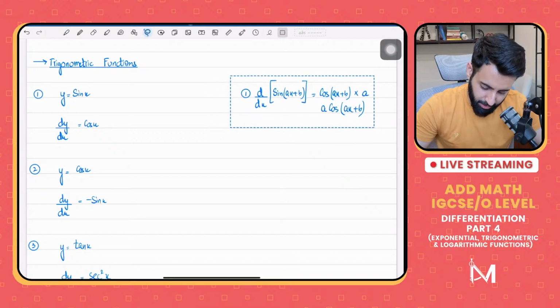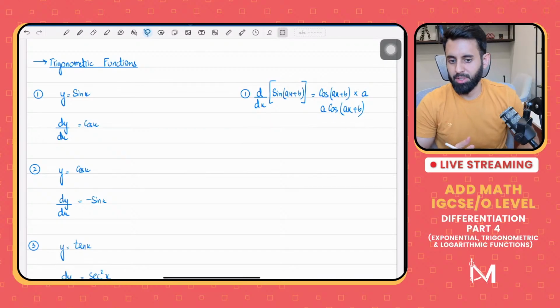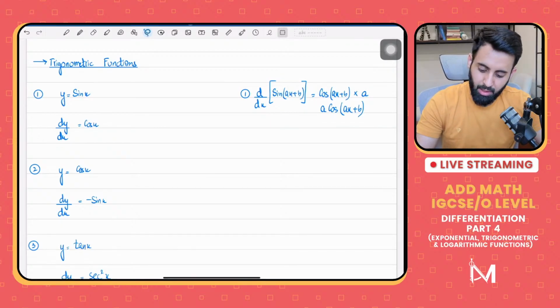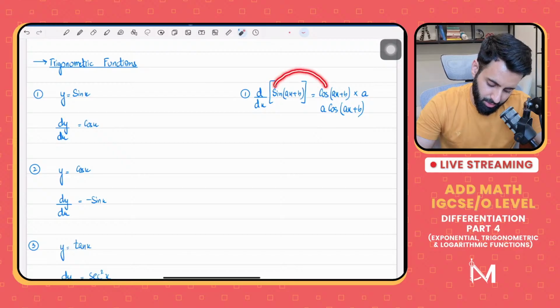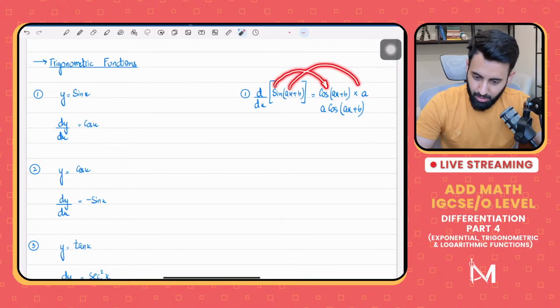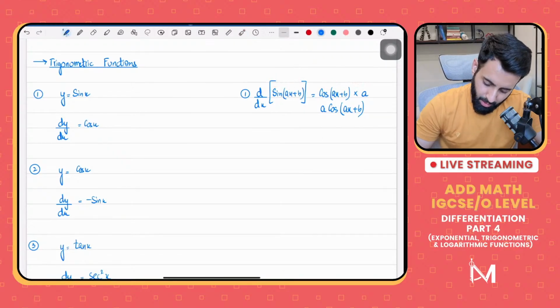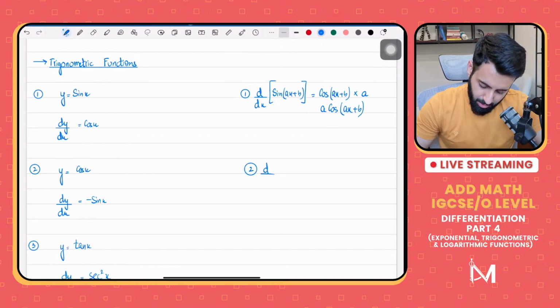Okay, just like when you're differentiating a composite function, first you differentiate the power, then the bracket, then the expression inside the bracket. Here you first differentiate the trigonometric function and then the angle. Okay. Now let's do another example. Let's say that you have d upon dx of cos of ax plus b.